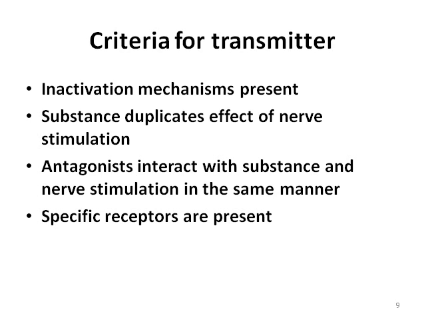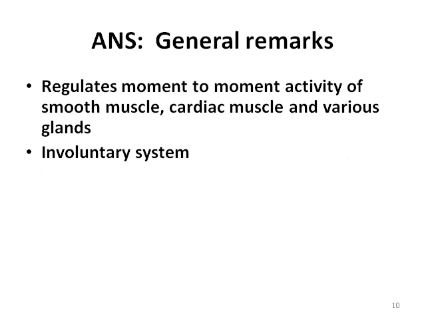In other words, if we stimulate the nerve and put an antagonist there, it blocks the effect. If we put the proposed transmitter in there, the antagonist would block the effect. Also, there are specific receptors present for the transmitter to interact with. That is the basic component of the criteria for neurotransmitters.